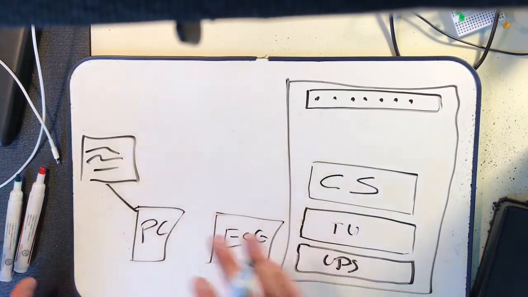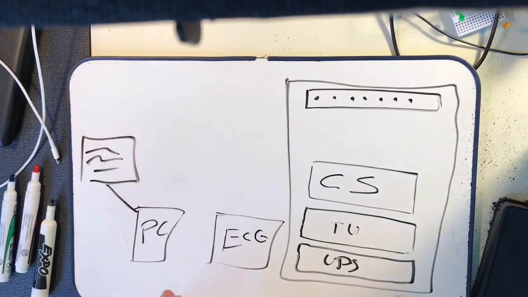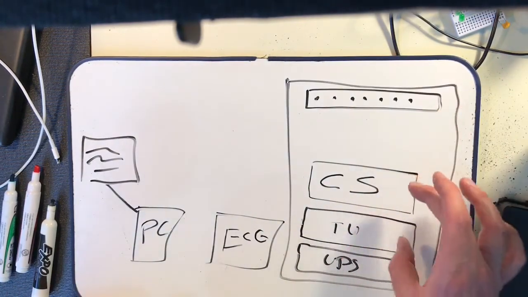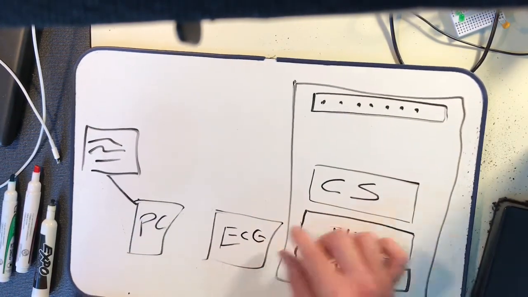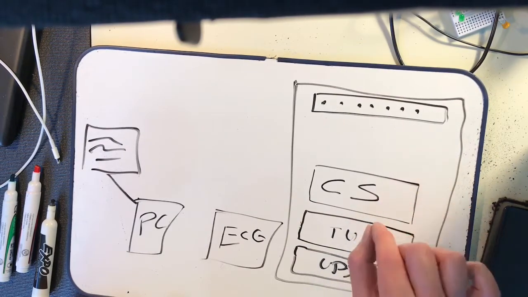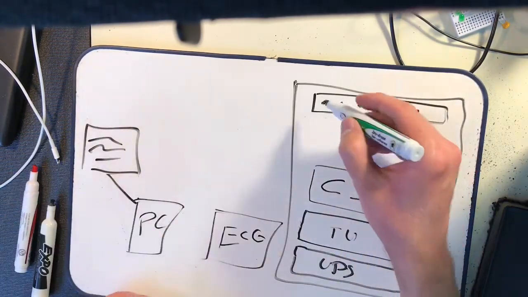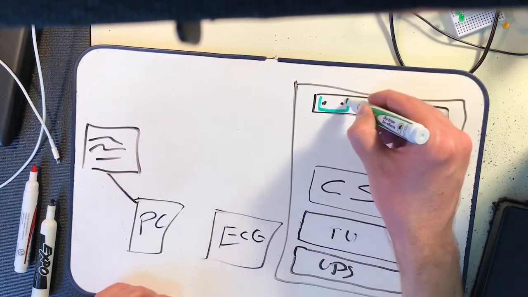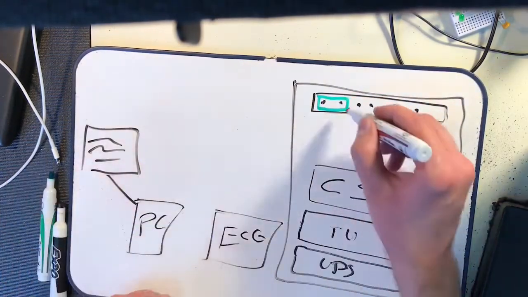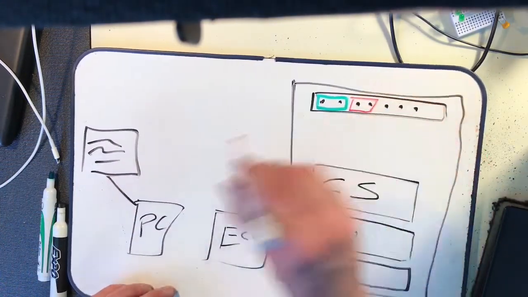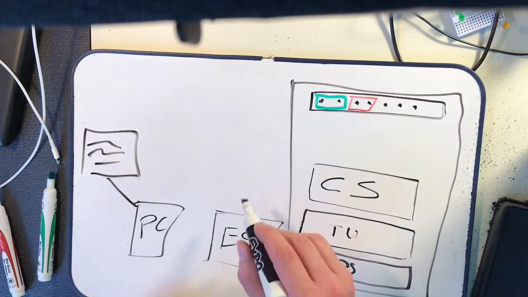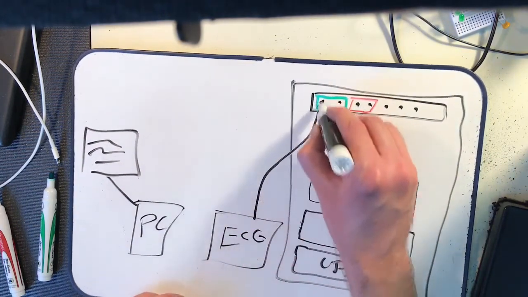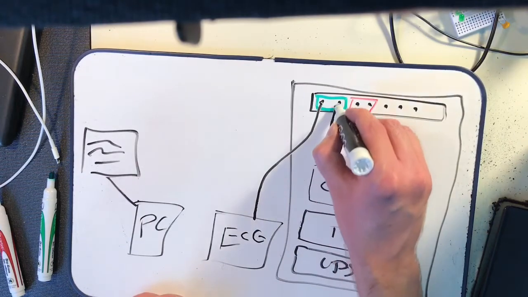But the main reason we have VLANs in this setup is, for one, the telemetry unit and the ECGs from the central station's point of view need to be on separate VLANs. So up in here on the switch, we say, okay, we want these to be one VLAN, this to be another VLAN. Now you have the ECG connected and the central station connected to one VLAN.